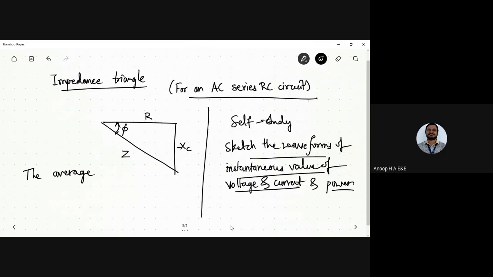The average power P is given by V into I cos phi.